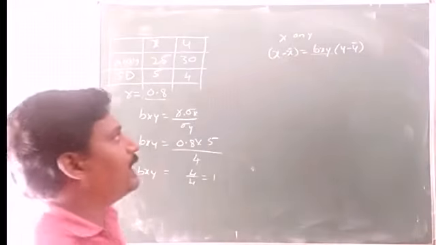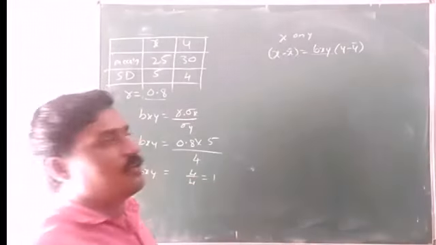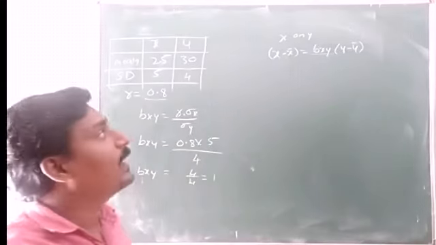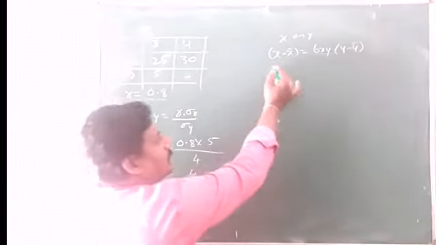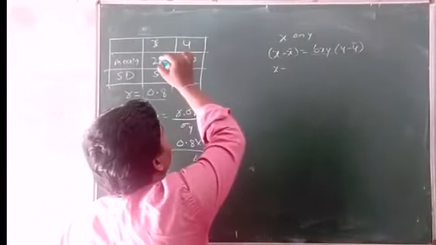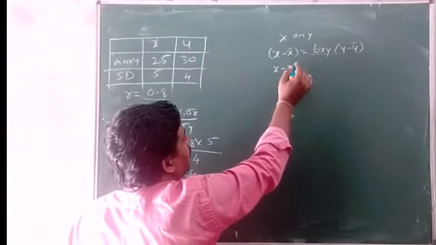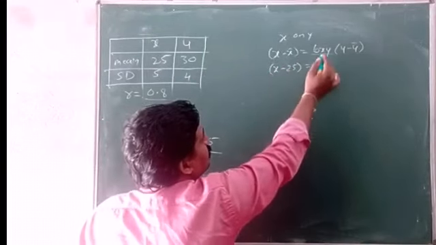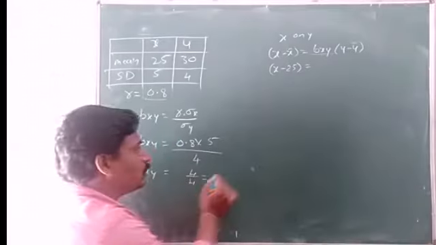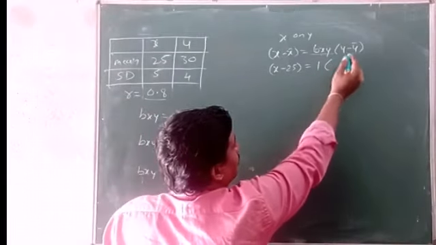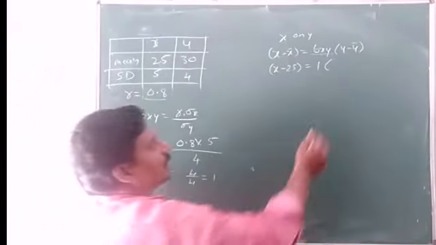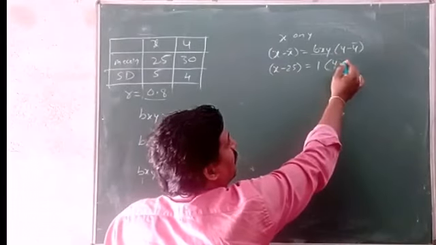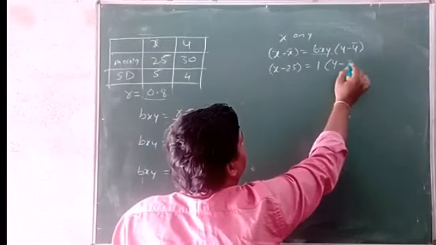We need bxy to fill the values in the x on y equation. X minus x bar, x bar is 25, is equal to bxy, which is 1, into bracket y minus y bar, y bar is 30.